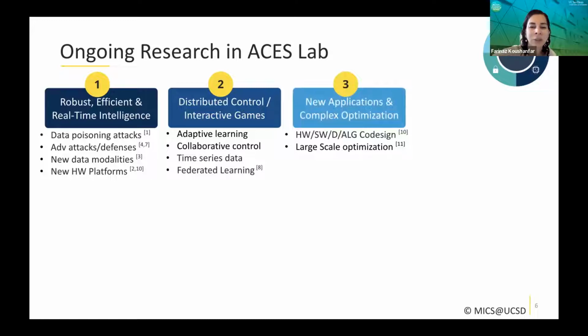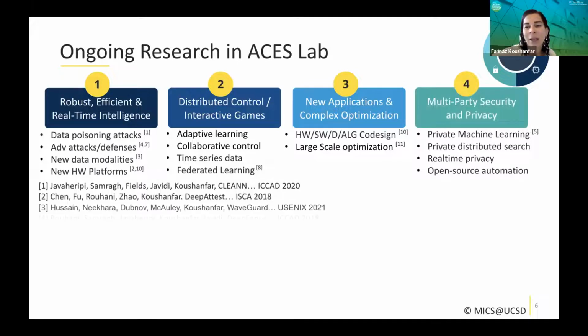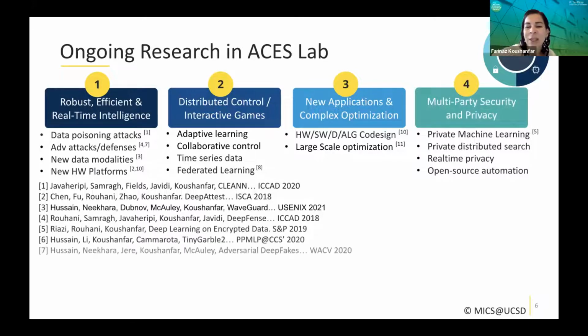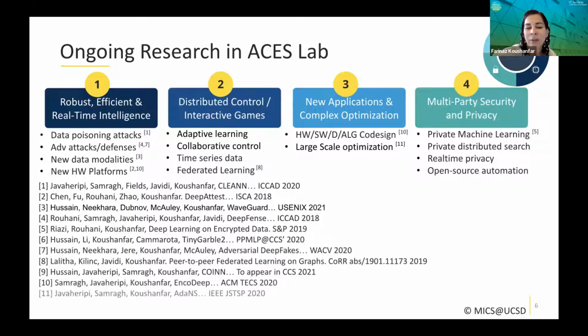There are new applications and complex optimizations that need to take advantage of hardware, software, algorithm co-design and large-scale optimization. And a lot of optimizations these days are really driven by learning as an underlying engine.